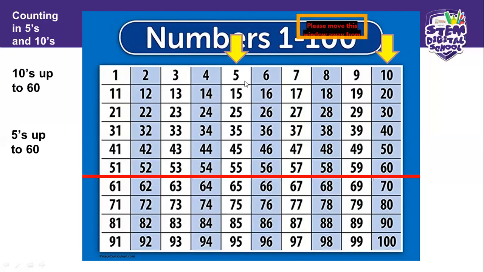Look at my cursor. 5, 10, 5 more, 15, 5 more, 20, 5 more, 25, 5 more, 30, 5 more, 35, 5 more, 40, 5 more, 45, 5 more, 50, 5 more, 55, 5 more, 60.